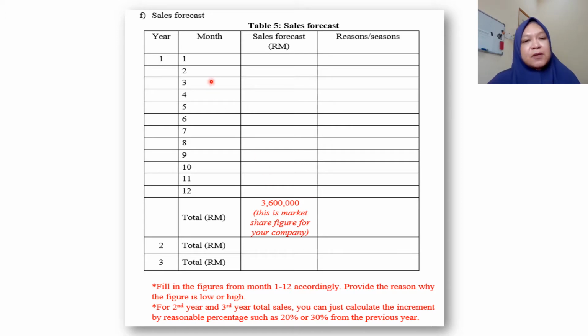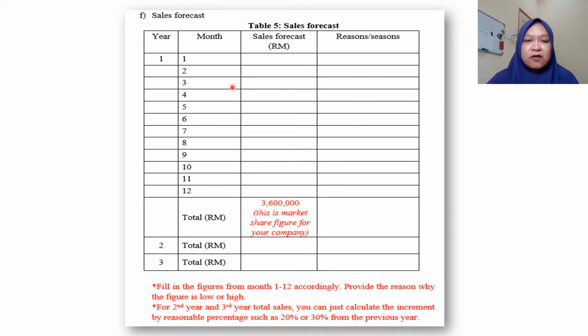Then from the first month until the 12th month, you have to decide how much the sales are for each month, as long as the total is 3,600,000.